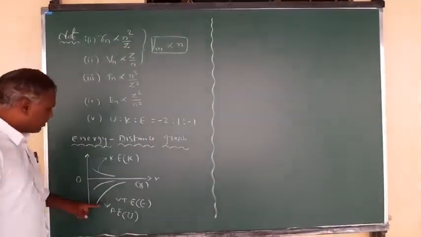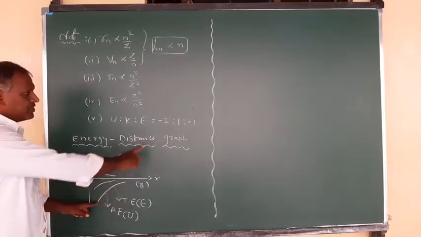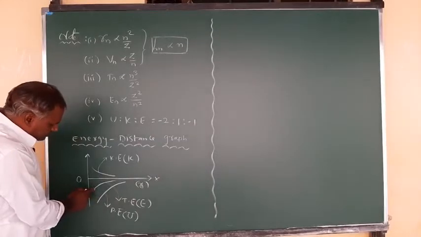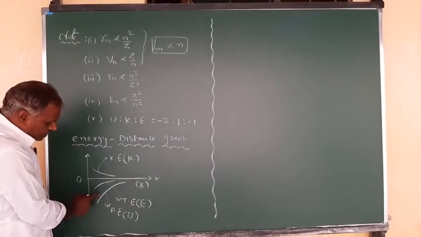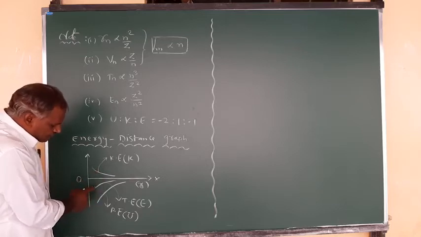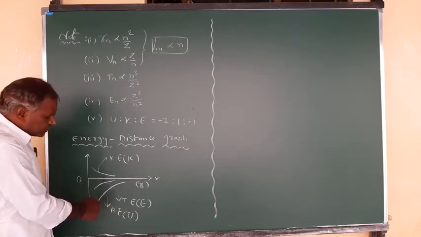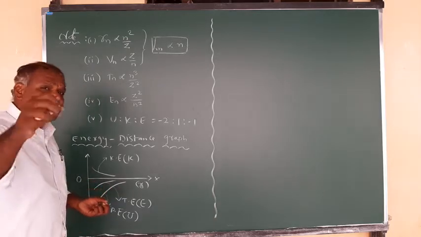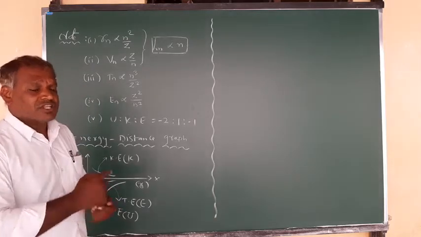Here the potential energy is double the total energy. From this distance to this one, this is the potential energy and this is the kinetic energy. When you add these two, you get the total energy. This is how we can represent the graph of the variation of the energies of the electron in that orbit with respect to distance.